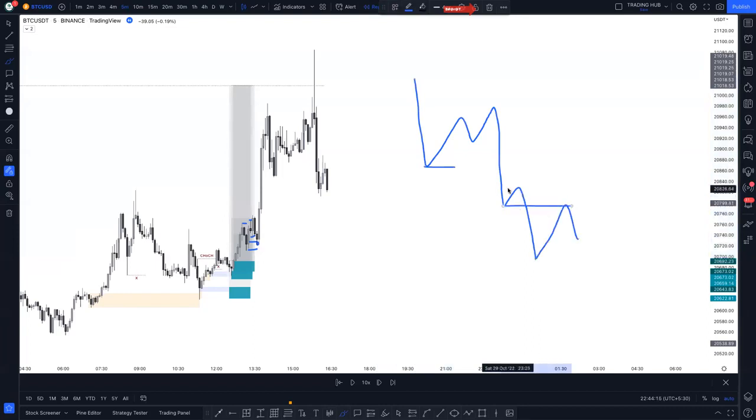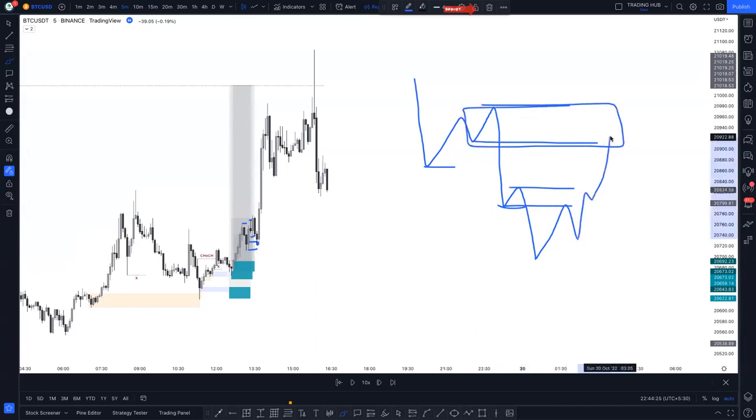So this zone is mitigated because this pullback tapped this one, but this one is unmitigated, correct? So the market can push higher to mitigate, to fill this one, and then push downside.